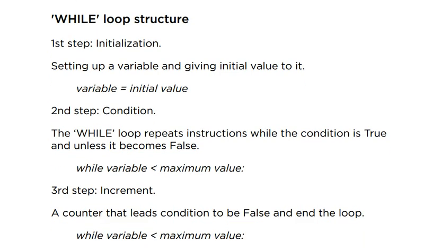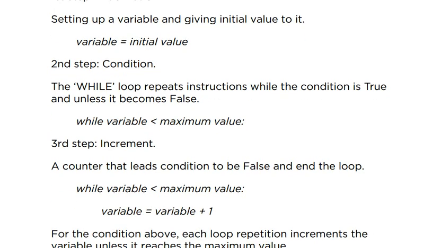While loop structure. First step, initialization: setting up a variable and giving an initial value to it. variable = initial value. Second step, condition. The while loop repeats instructions while the condition is true, and stops when it becomes false. While variable < maximum value.